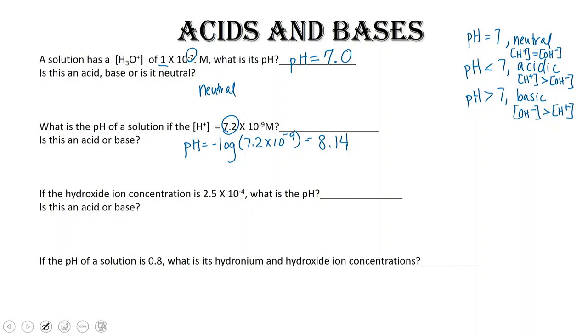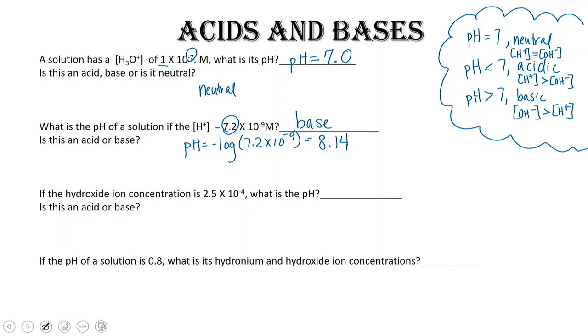If my pH is 8.14, going back over here to our definitions, do we have an acidic, a basic, or a neutral solution? It's greater than 7. So we have a base. Let us do the last one together, and then you can do the third one on your own and come back and check your answers.